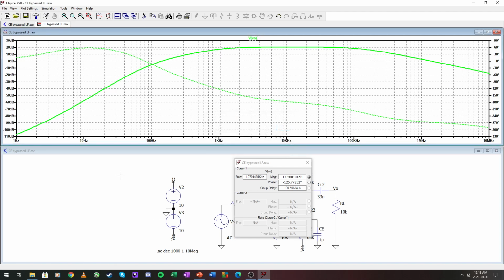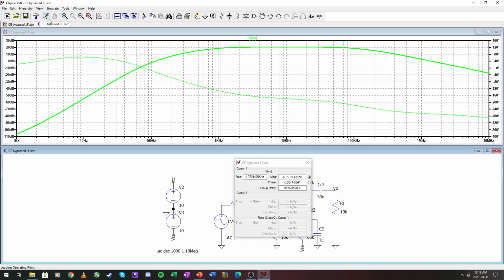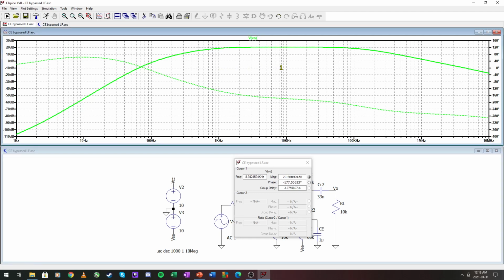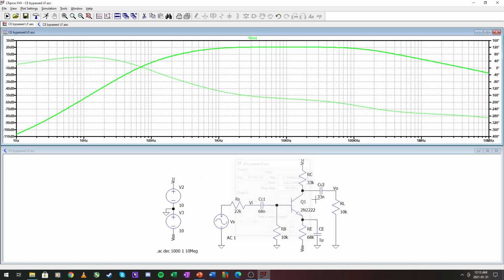Let's make this 1 microfarad, and let me show you what I mean. This frequency moved by a lot now, right? 17.6 was it? That is now at 747 hertz. Okay, so the values that you calculate for the capacitors will give you a rough idea of what you should be selecting.